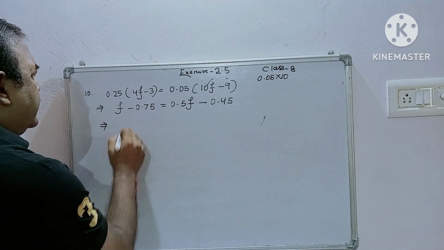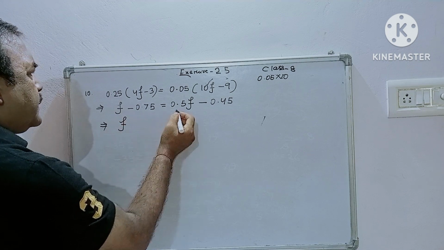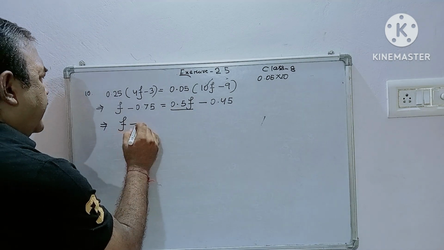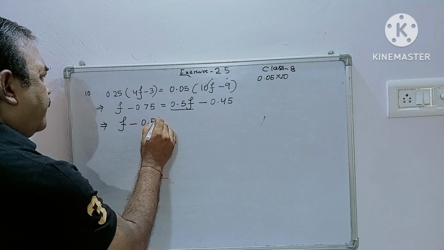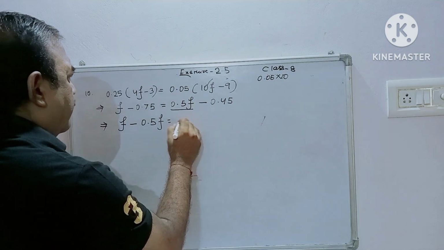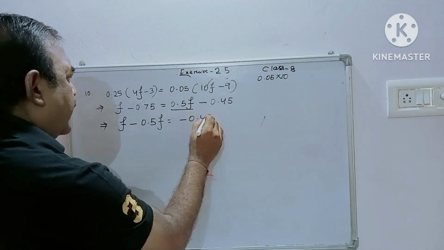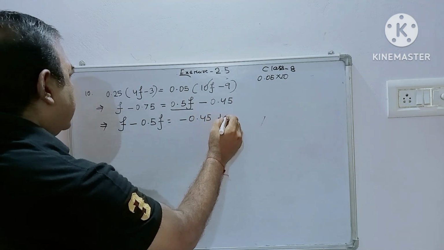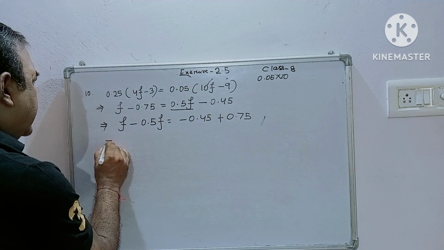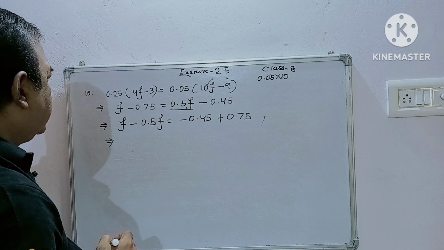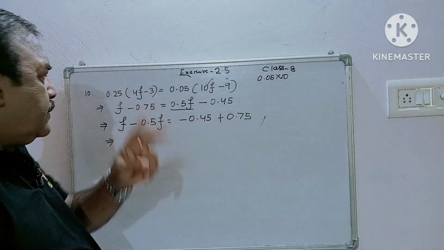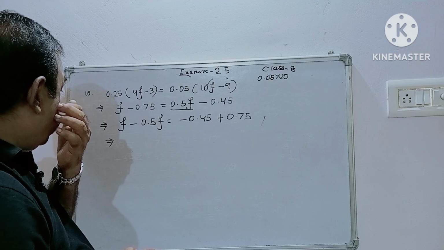So that implies we have to transpose 0.5f to the left hand side. Minus 0.5f, that is equal to minus 0.45 plus 0.75. That implies, you see, in one, how many 0.5 were there? 2. Yes or no?